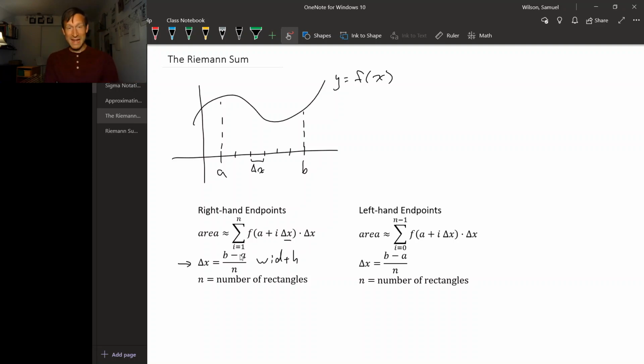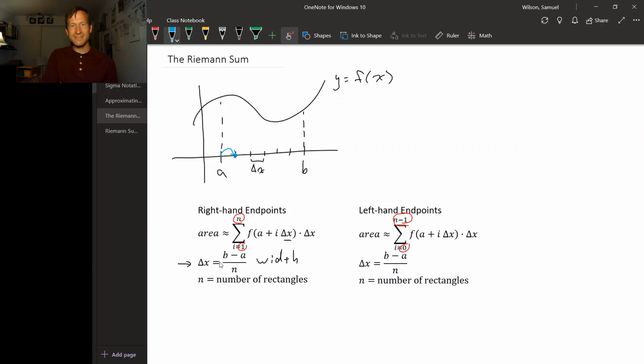So we worked out right-hand endpoints, which looks like this. The formula for left-hand endpoints looks essentially the same. The only difference is that instead of i starting at 1, i starts at 0, and instead of going up to n, you go up to n minus 1. For right-hand endpoints, your first endpoint is one step to the right.